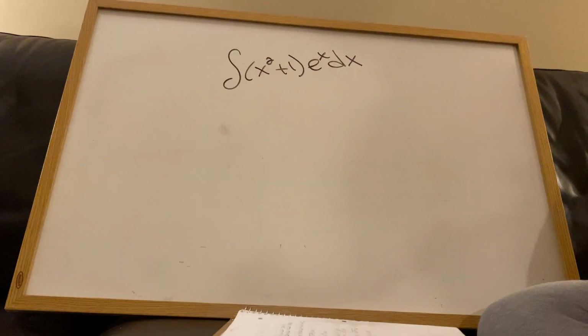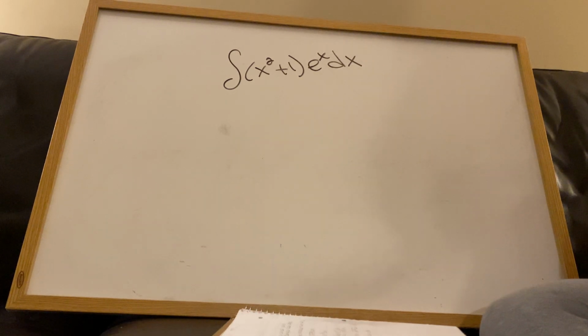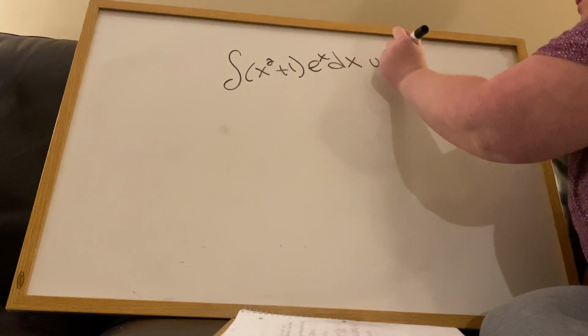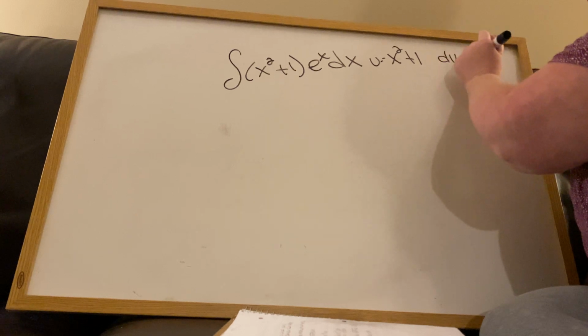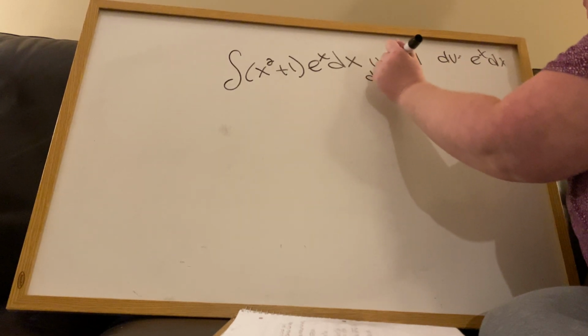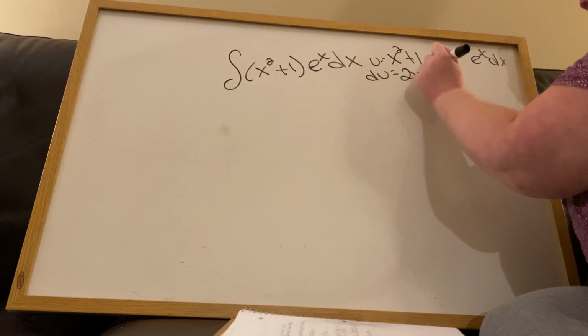This one, word of warning, is going to be one where we're going to have to do integration by parts twice. So then you'll see what that looks like. So first time around, u value is going to be x squared plus 1. Fine. dv is going to be e to the x. So here we'll take the derivative. Derivative of x squared plus 1 is just 2x.